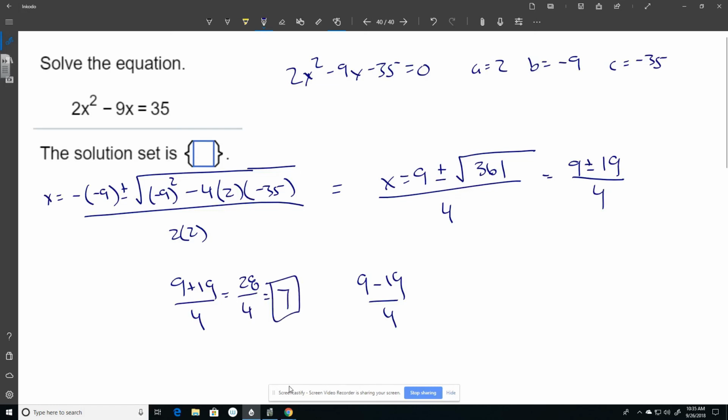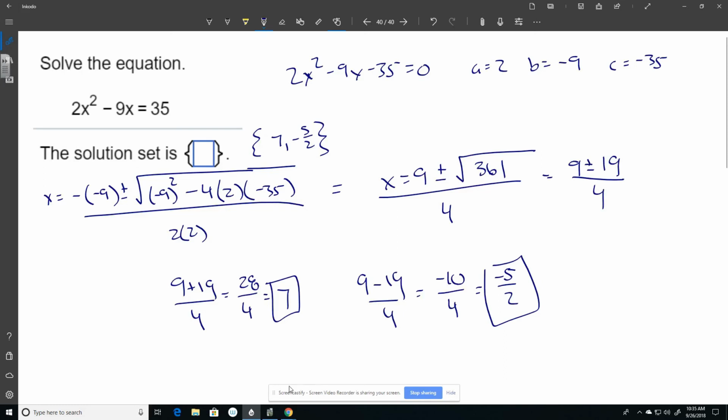That seems like a good answer. In fact, when we did this the other way, I think that was one of my answers. 9 minus 19 is -10 over 4, which is -5 halves, which I think was my other answer. So my solution set is 7, -5 halves. Either way works. Either way will get you to the solution.